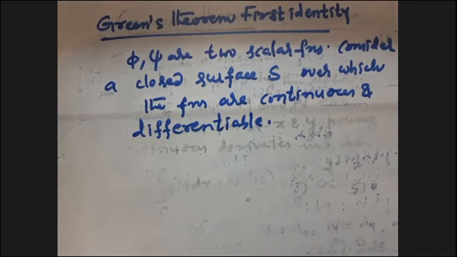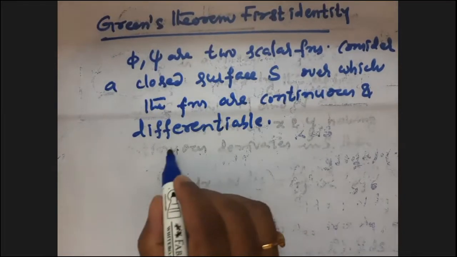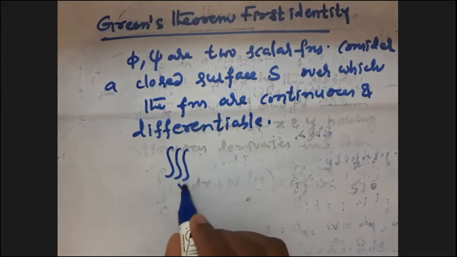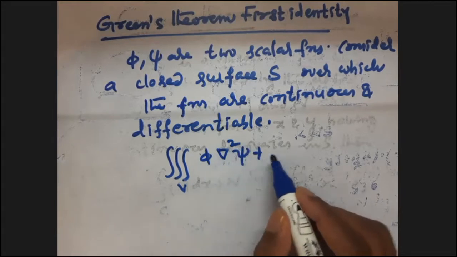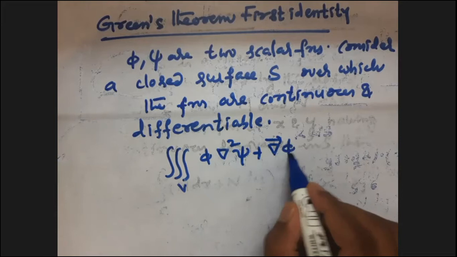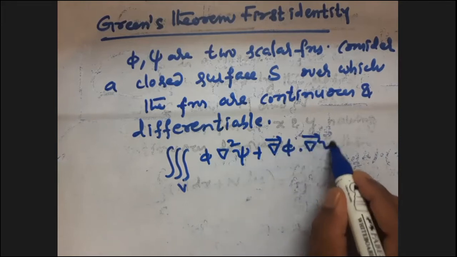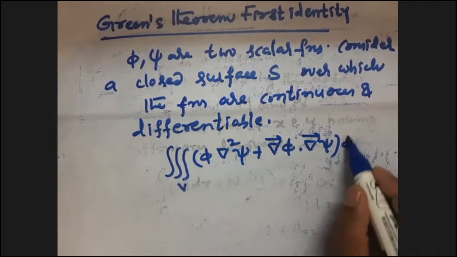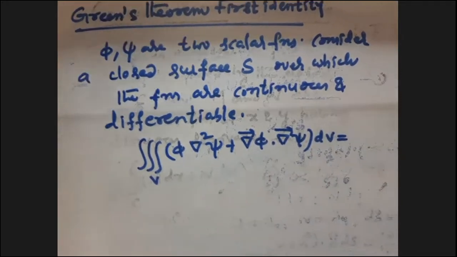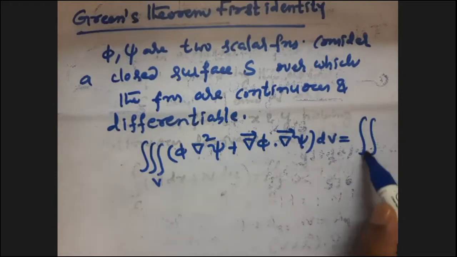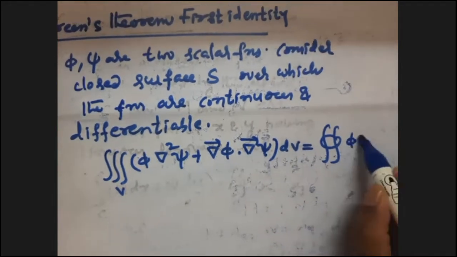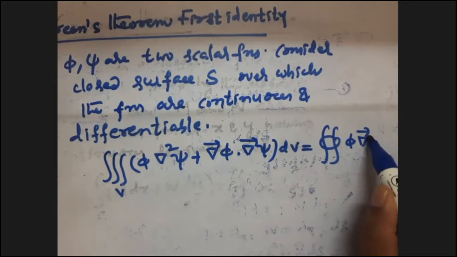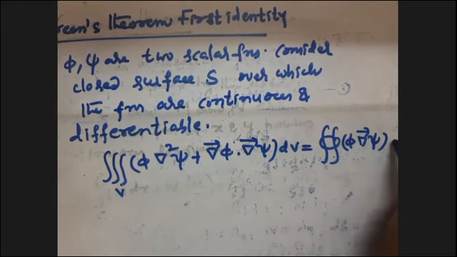Okay. Then the expression for the first Green's theorem is the volume integral of phi del square psi plus del bar phi dot del bar psi dV is equal to the surface integral of phi del bar psi dot dS bar.